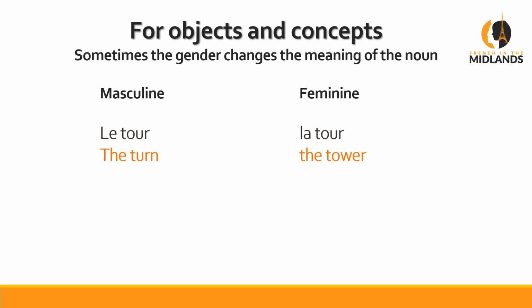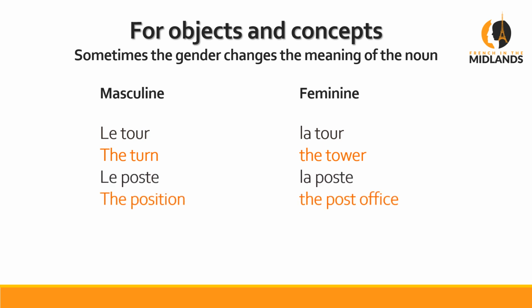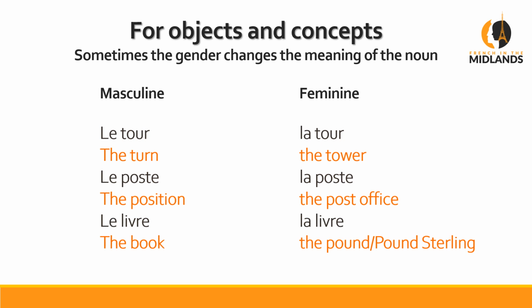You see, totally different. Le poste, which is a position, as in a position you hold in a company. La poste, which is the post office, or it also means the mail. And the most important probably is le livre, the book, versus la livre, which is the pound in weight, and it also means the pound sterling.